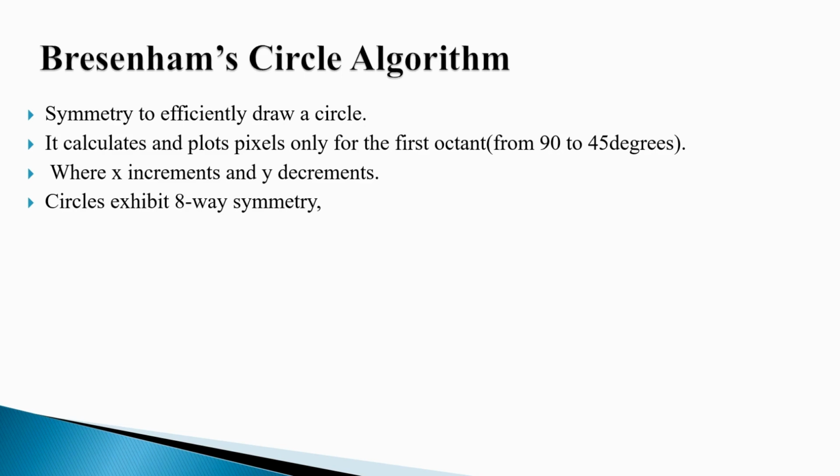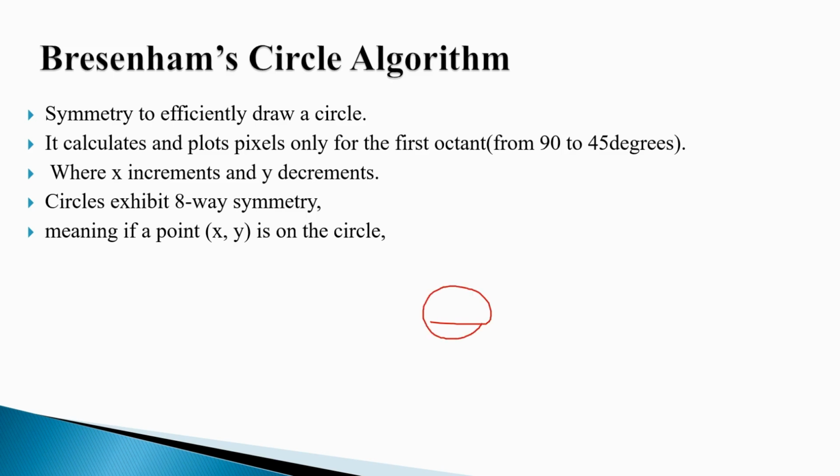A circle exhibits 8-way symmetry, right? So a point xy is on the circle, meaning wherever we want to make a circle, here this is the xy coordinate, with the distance of the radius r, and with that distance we draw a circle like this, right?